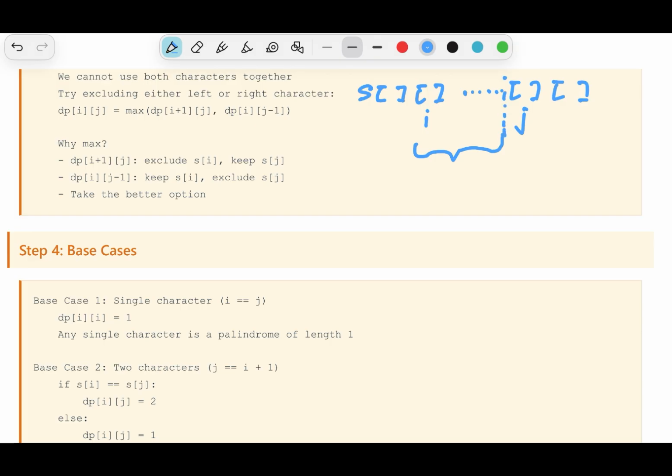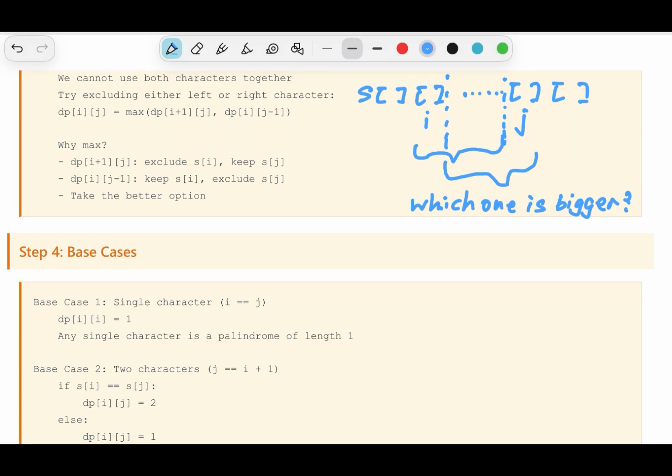Or maybe we throw away the character on the right, s[j], and see what's the best palindrome in the range i to j-1. The answer for that is dp[i][j-1]. Since we want the longest possible palindrome, we will just take the maximum of those two choices. So if they don't match, see the formula.